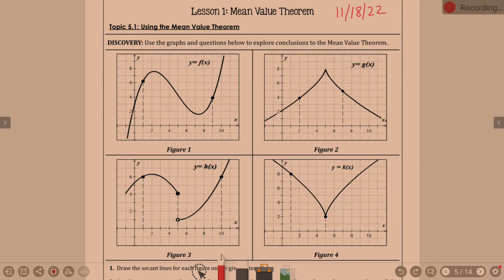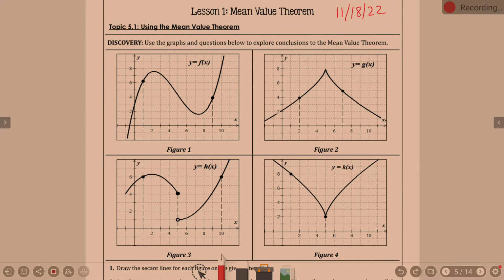We have a discovery part to get us started, and there are 4 graphs, and at the bottom of the page there are 6 different directions/questions. So draw the secant lines for each of the figures on the given intervals. The given intervals are between the points, okay? Like on figure 1, the interval here is from 1 to 9.